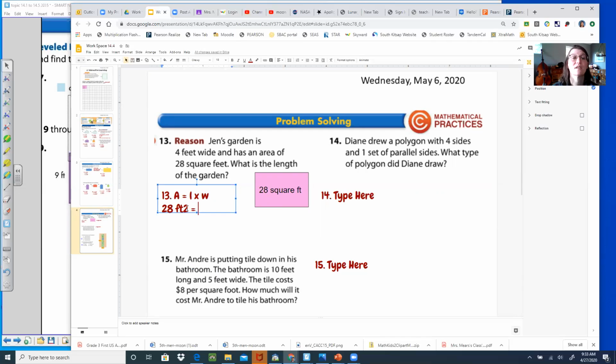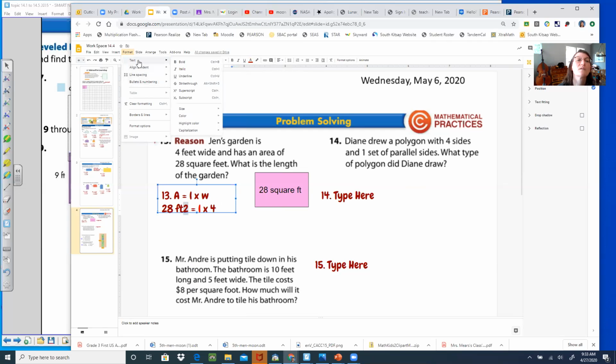So I know it's 4 feet wide. I don't know my length yet, but I do know this guy's going to be 4 feet. I'm going to make this a different color to remind myself that it's not the number 1, it's an L right now. Okay, now I can go make this guy up high, and text, and superscript.